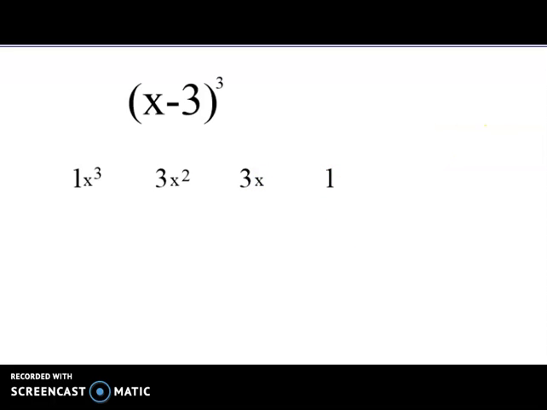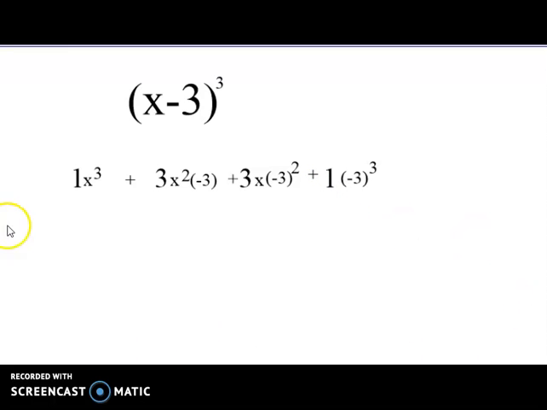And then I go to 3 to the power of 3 from the back. It's negative 3 to the power of 3, negative 3 to the power of 2, negative 3 to the power of 1. And for all of these, my signs are still at this point in time positive. It only gets affected after the process is completed.